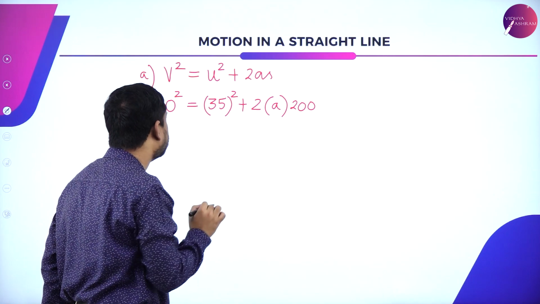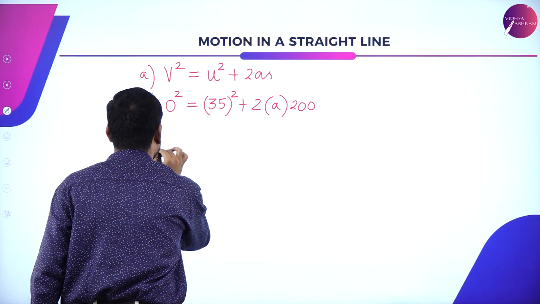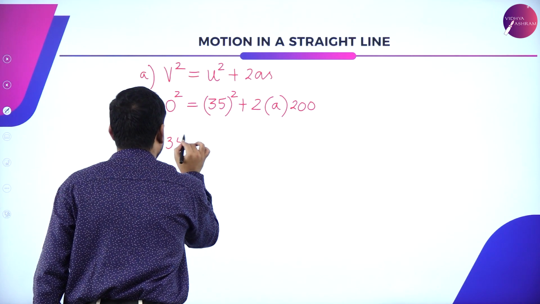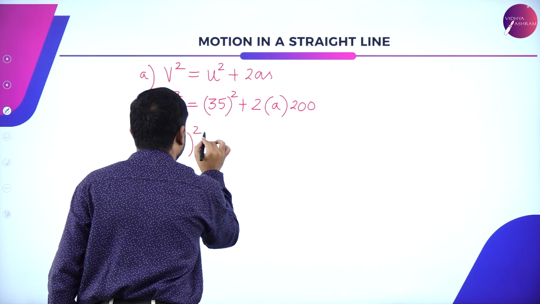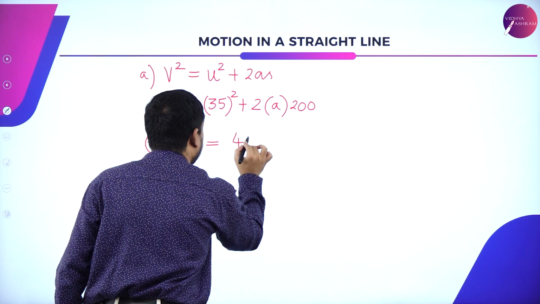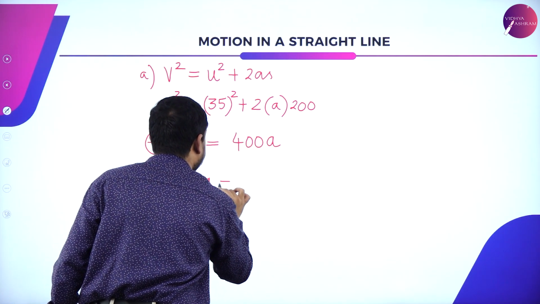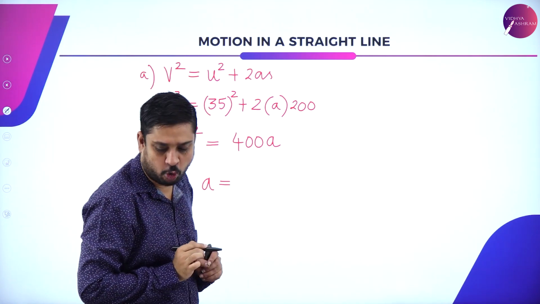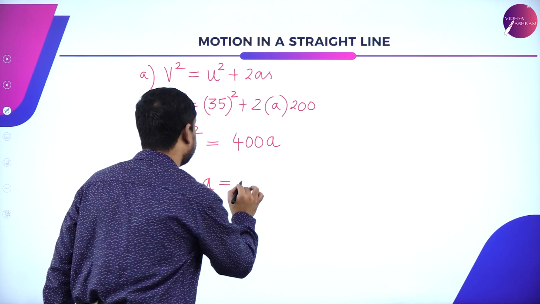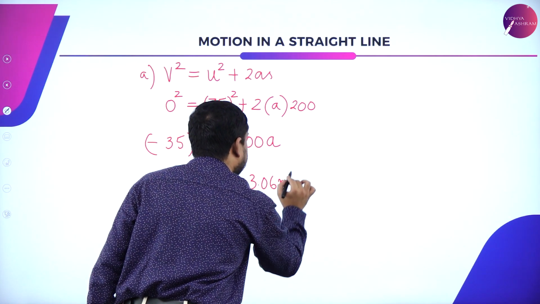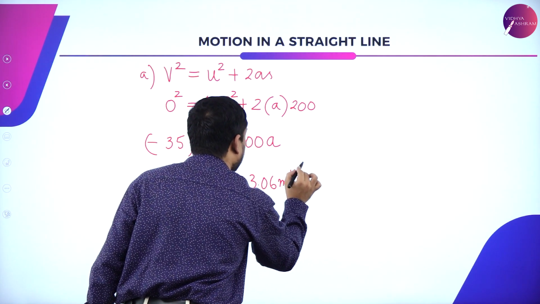On substitution, this becomes 400a, or a is equal to minus 3.06 meter per second square.